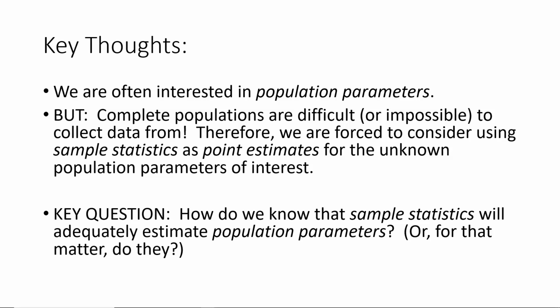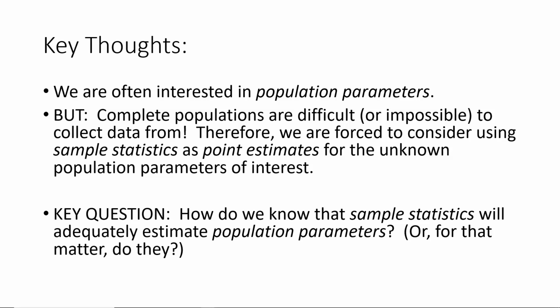Therefore, we're forced to consider using sample statistics as a way of trying to get an answer to the question I asked. And those will be used as a point estimate for the unknown population parameter of interest. In this case, the proportion of voters that voted for a particular candidate. So here's the key question, and this is an important question to answer, because if we can't answer this question in a positive way, then the whole process of statistics goes out the window.